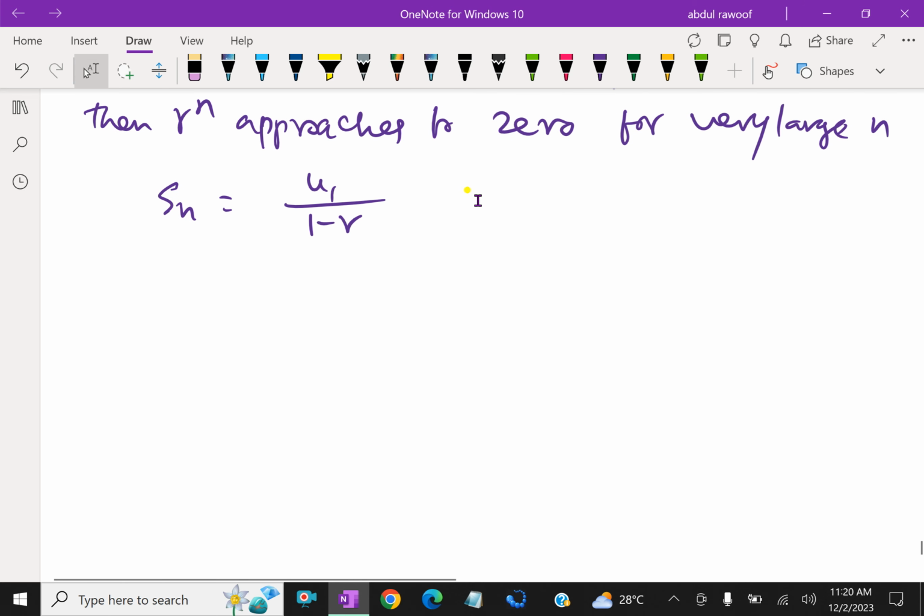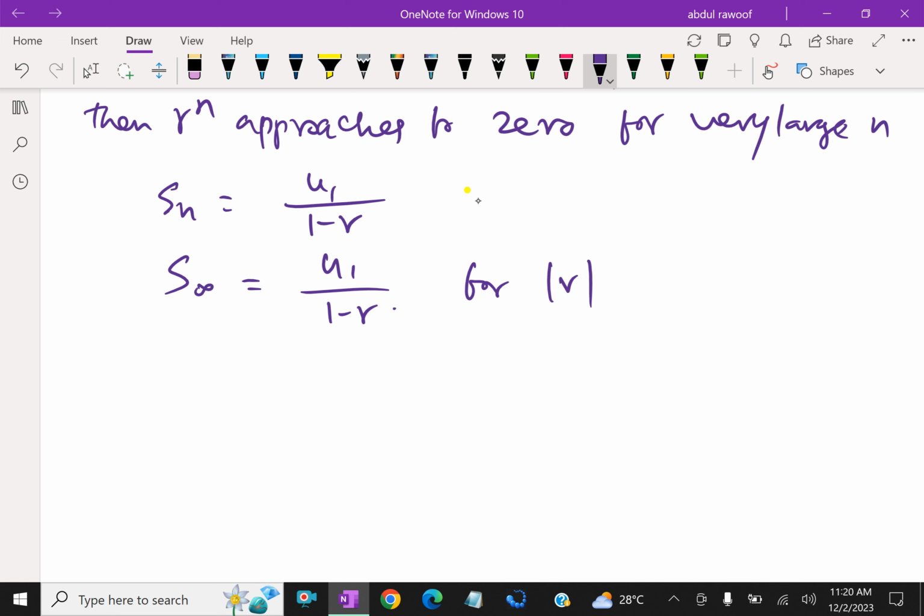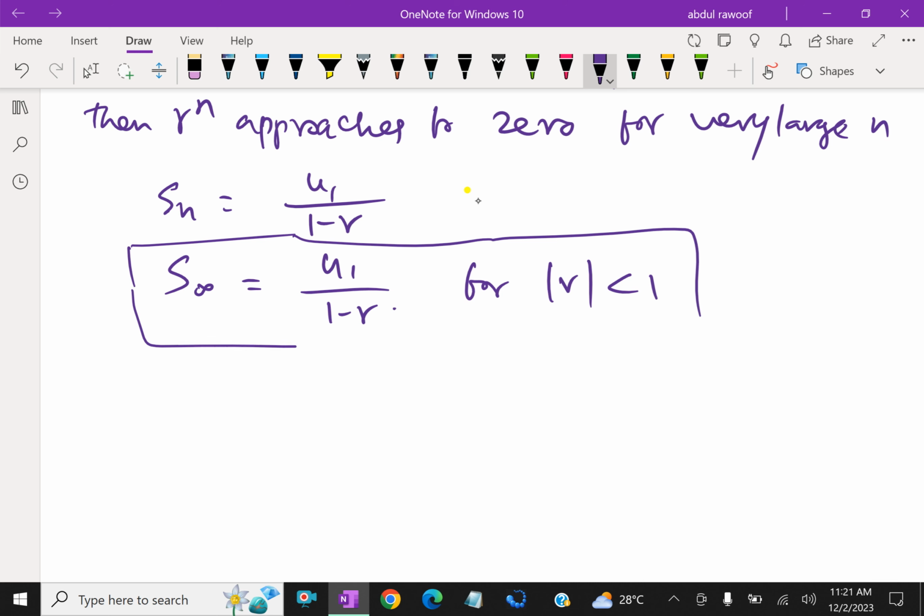Therefore S infinity, the sum of infinity terms, is u1 over 1 minus r for the absolute value of r less than 1. This is the formula for the sum of infinitely many terms in a geometric series. It's called a limiting sum.